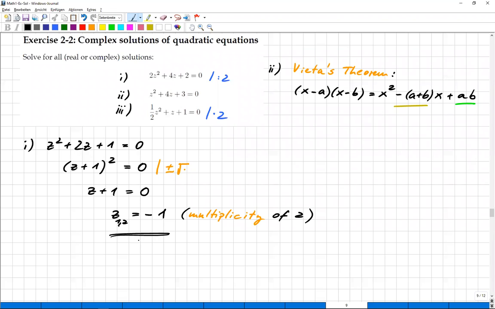It's a real negative but real solution which counts twice. So the reason behind is the so-called discriminant, which you all know of this equation, D equals what? Who knows it?